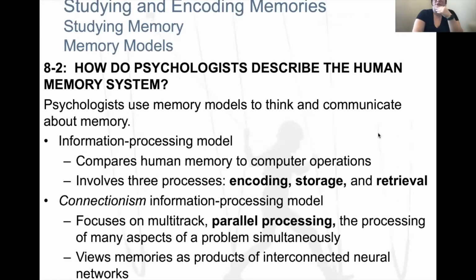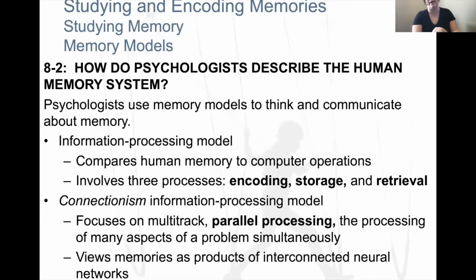So how do psychologists describe the human memory system or processes of memories? Psychologists use memory models to think and communicate about memory. One of those models is the information processing model. It compares human memory to computer operations and involves three processes, which are encoding, we're bringing it in, storage, which is how we keep our memories, and then retrieval, which is how we pull them out, right?